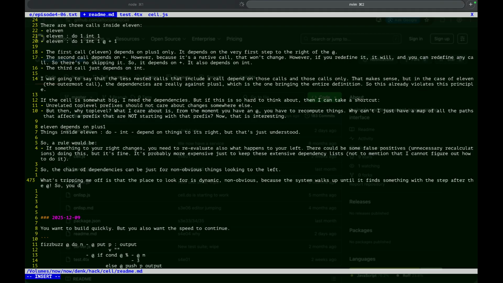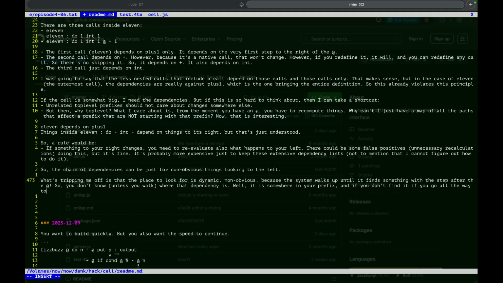So you don't know, unless you walk, where that thing is, that dependency is. It is somewhere in your prefix, and if you go all the way to the left and don't find it, it's nowhere.